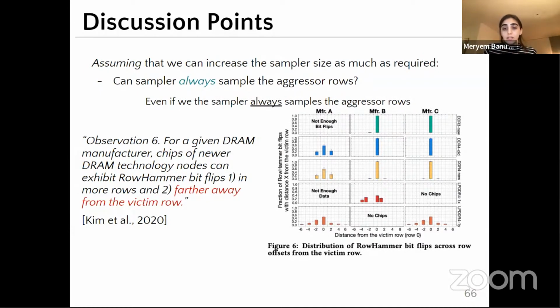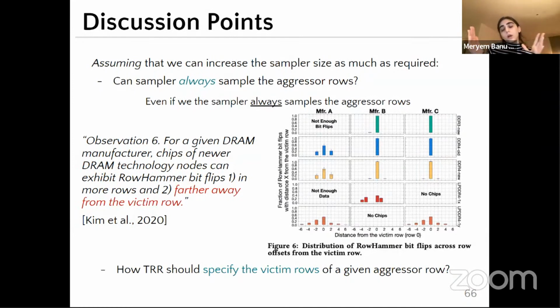So the question here for me is, given the set of aggressor rows we have, how do we specify the set of victim rows? Because it's not just that as we increase aggressor row counts, the number of victim rows increases linearly. As you scale, you also get more victim rows per aggressor row, right?